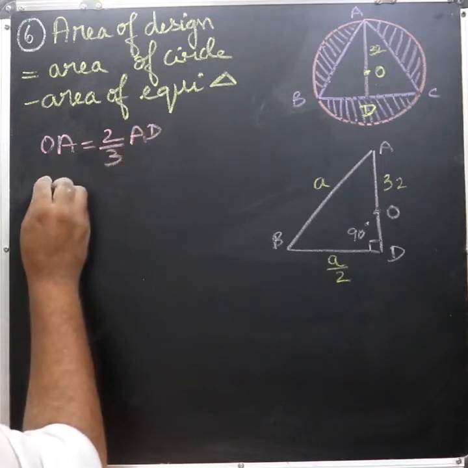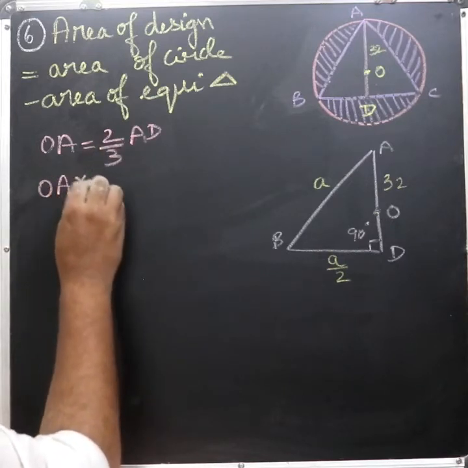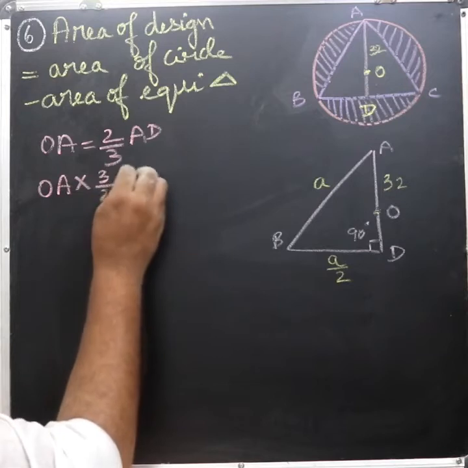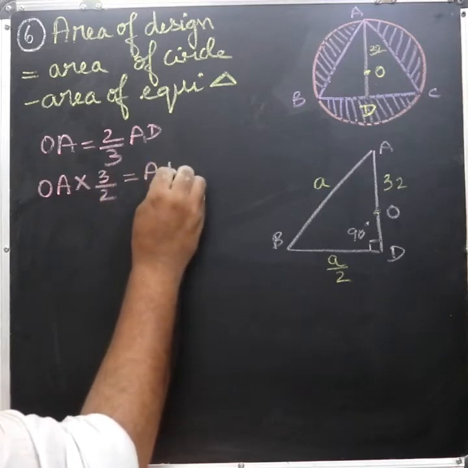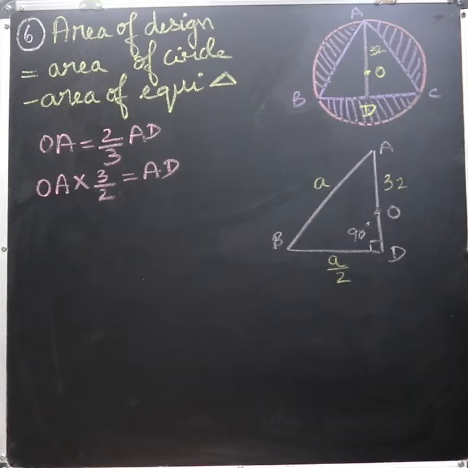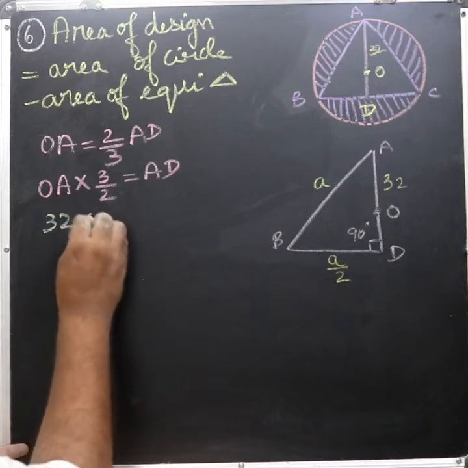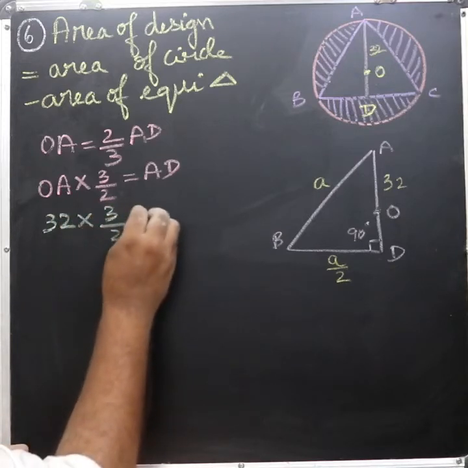So when you take that 3 by 2 to this side, OA into 3 by 2 will give you the value of AD. Now we know OA. It is the radius of the circle.